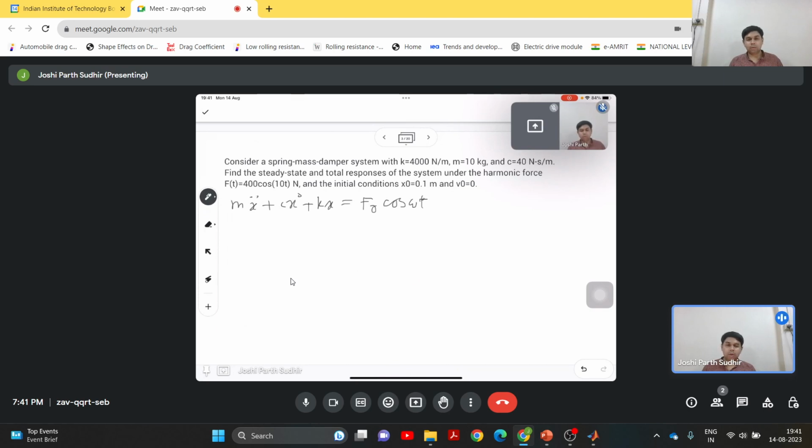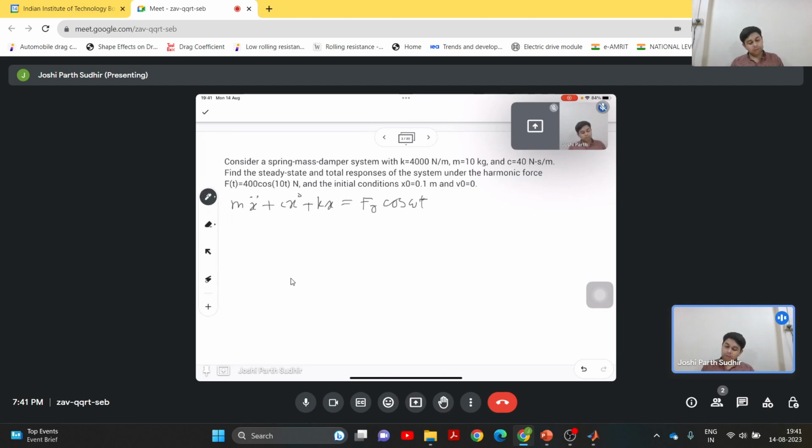If we want to, we can break down the solution into two parts. One would be the complementary function, which is the solution to the homogeneous differential equation where the right hand side is 0.